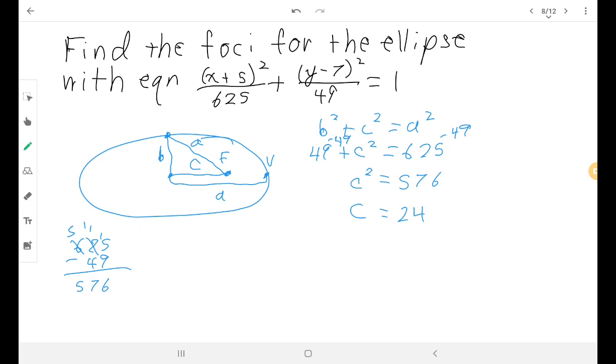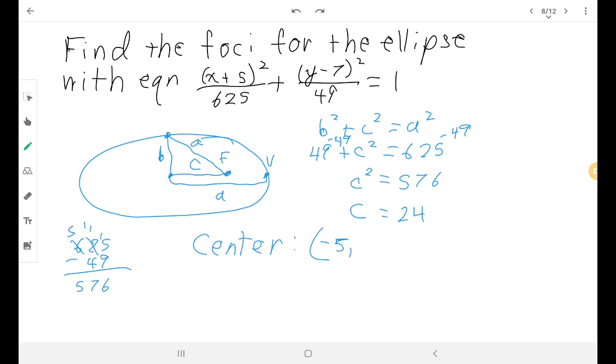So I have that. So I have my C distance. So now if I just go from my center, okay, so now my center is at, so it's plus 5 here, so it's the opposite of that. So -5.